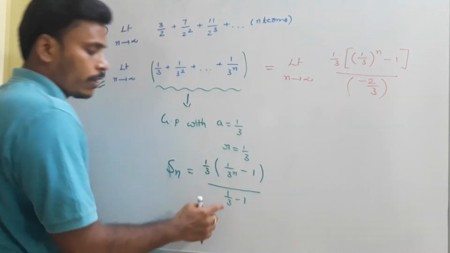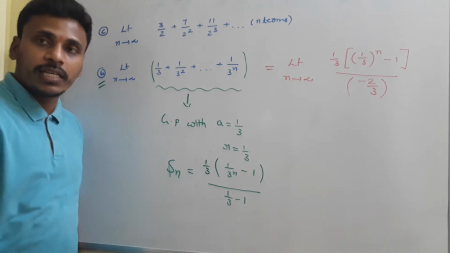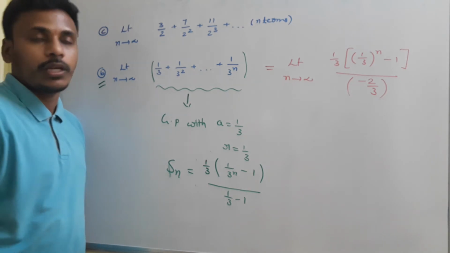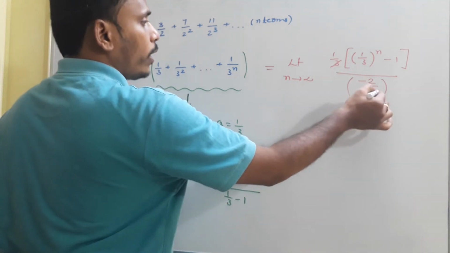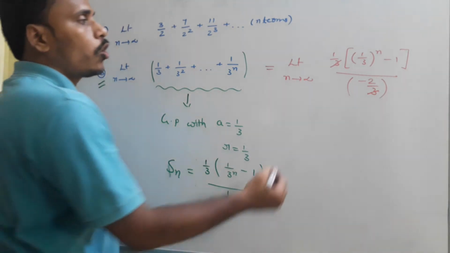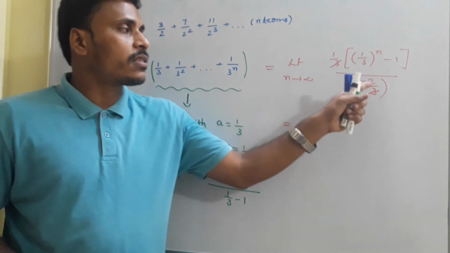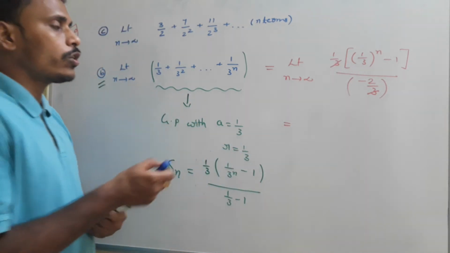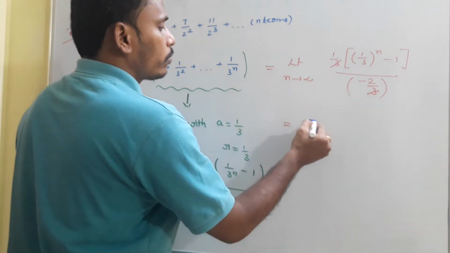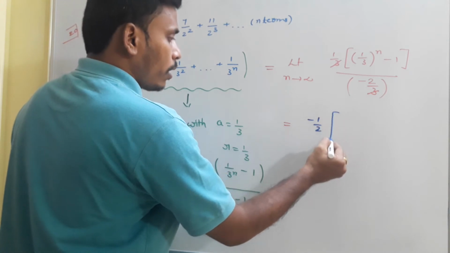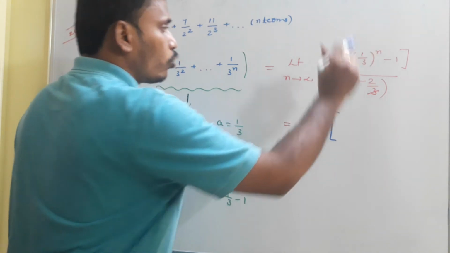Just have a look, 1 by 3 minus 1, 1 minus 3 is minus 2 by 3. So this 2 and 2 will get cancelled. So this is equals to 1 and this is minus 2. 1 and minus 2 is what? Minus 1 by 2 into, in the denominator 1 by 3 to the power n.